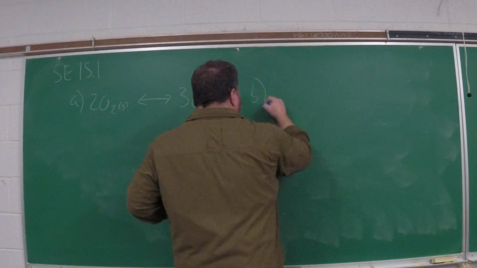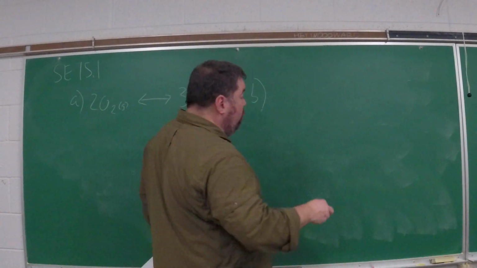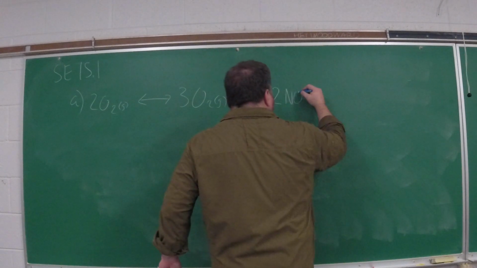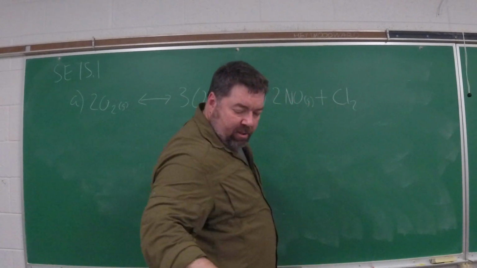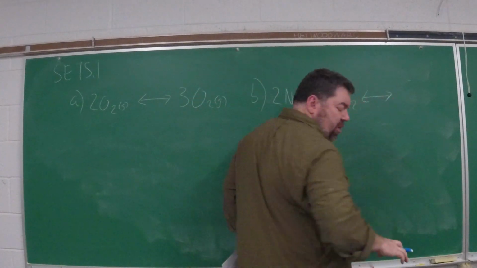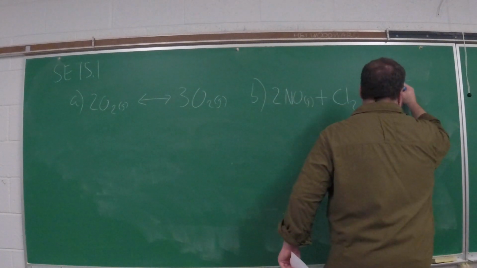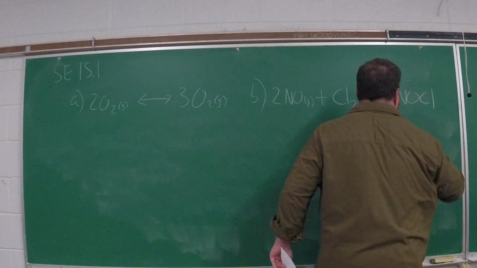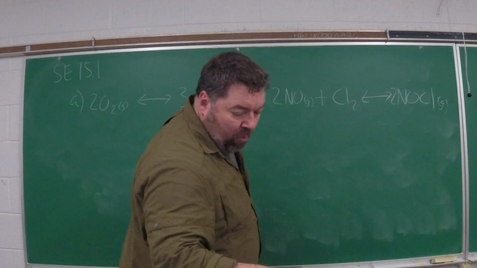Then we're going to have B: 2 nitrogen monoxide gas plus Cl2 gas goes reversibly to 2 NOCl gas. And then we're going to have one more.